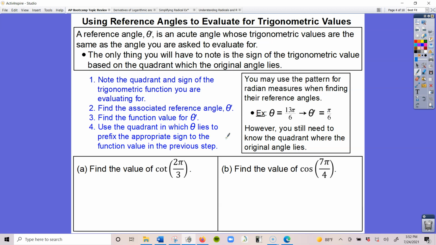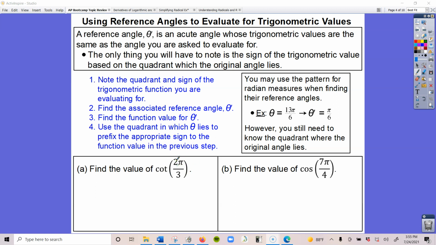So let's try this out. I put here steps on how to evaluate for any of these trigonometric values. First, we're going to figure out what quadrant the angle lies in and also the sign of the trigonometric function that we are trying to evaluate for. So here my angle is 2 pi over 3.